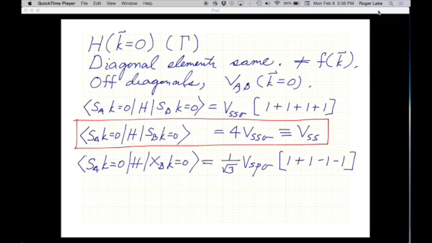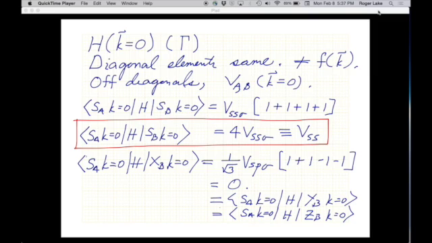So at k equal to 0, that's just equal to 0. And all those matrix elements between the s and the p orbitals disappear. And that's also the same for S_A, P_y,B. So there are no matrix elements between the s and the p orbitals at k equal to 0.